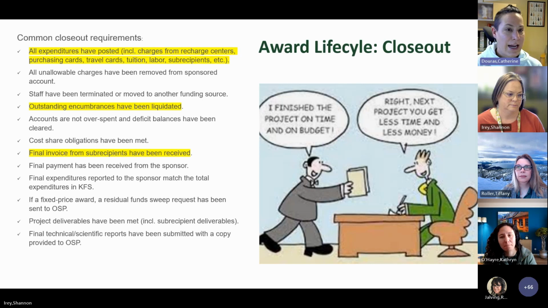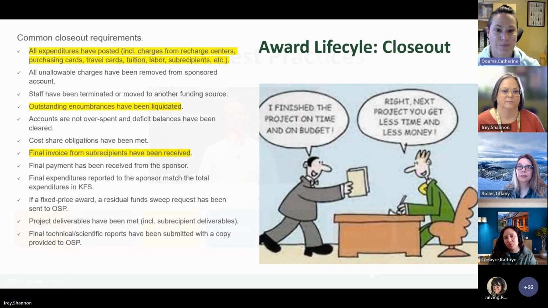If there was any staff, making sure that they're not being paid anymore, that is tied to the encumbrance. Project deliverables have been met, that the final technical report has been submitted, that we've met cost share. There's even more than this. This is just a little bit of an overview of what we're looking at.